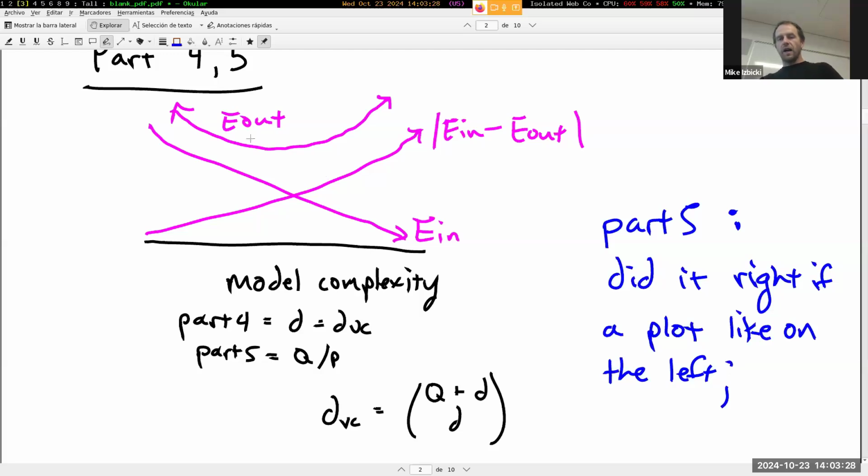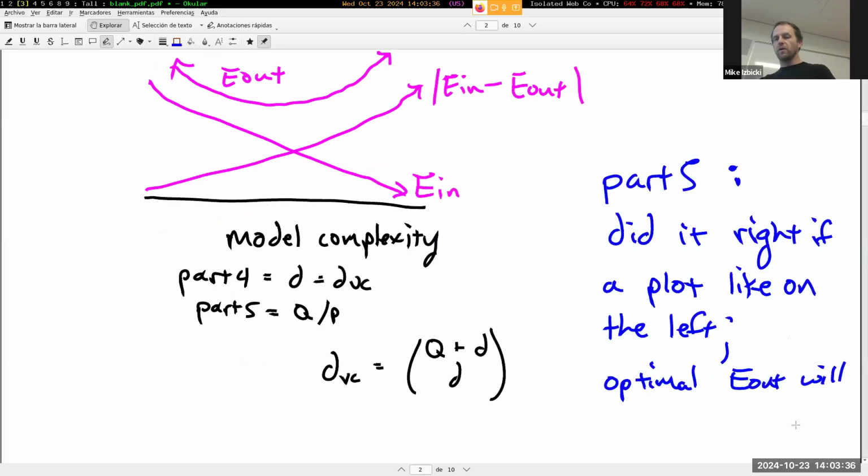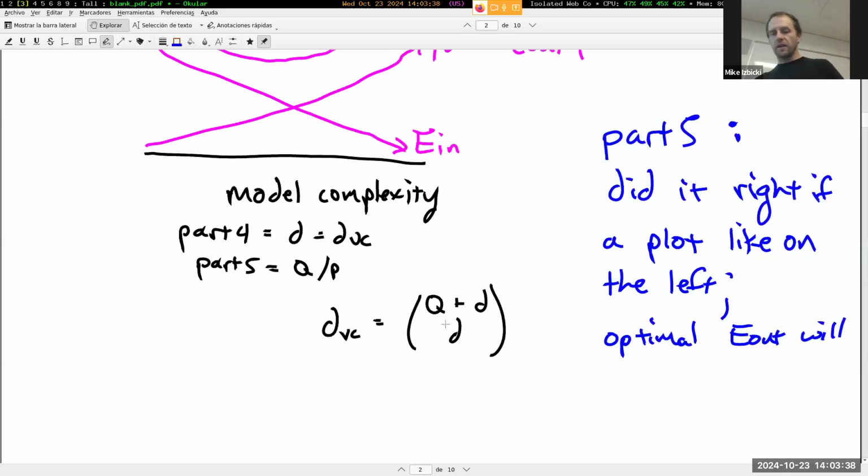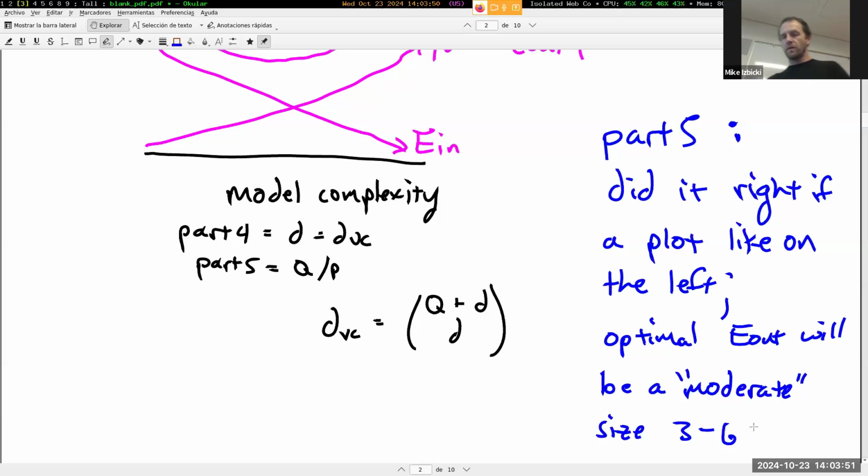And the middle point, the optimal E out, will be some sort of moderate polynomial size, something like between, say, 3 and 6.